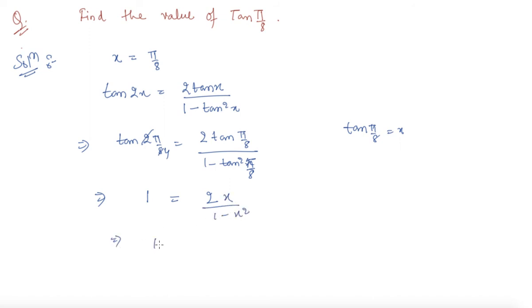Now it is a quadratic equation, where x square plus 2x minus 1 equals 0.